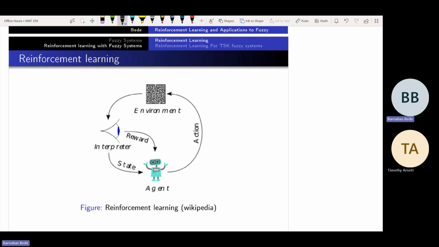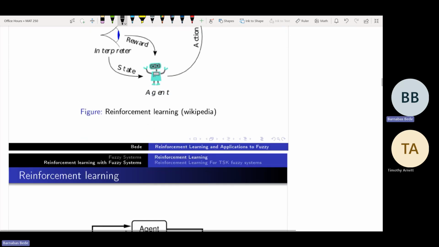We can observe what state we are in and obtain a reward from the environment. Then, based on the state and reward, we make an action on the environment, and then we get a new reward and new state, and we repeat this process. The goal in reinforcement learning is to maximize the reward that we get.